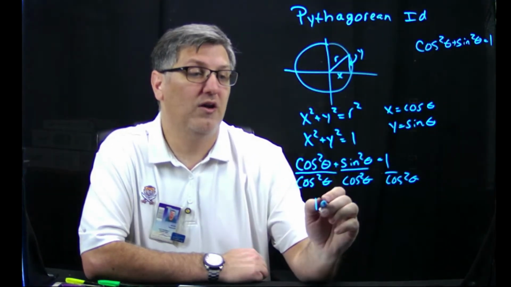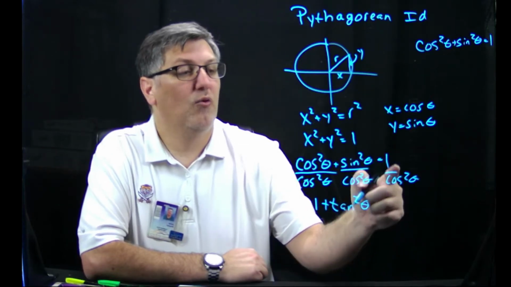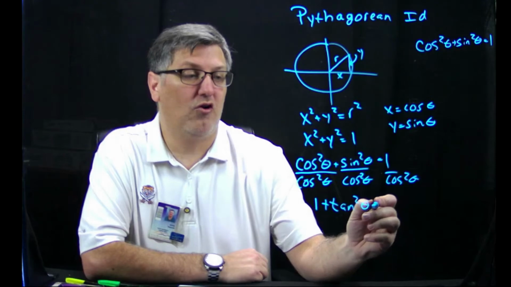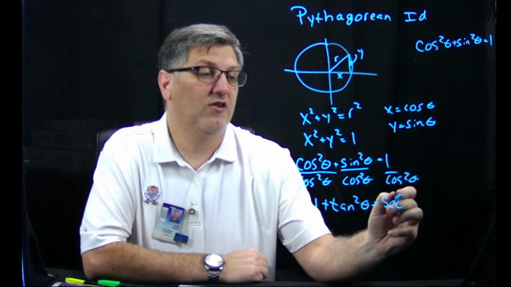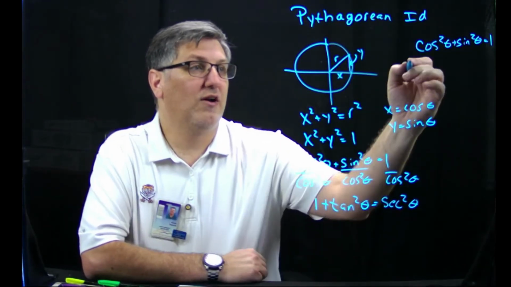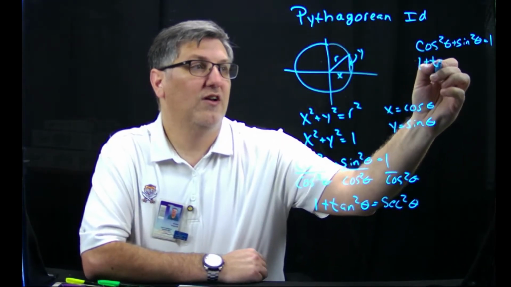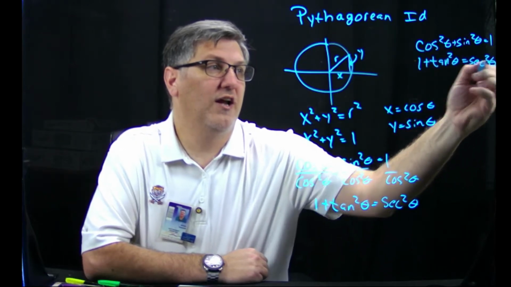These are both squared, so this becomes plus tangent squared theta. And 1 over cosine squared theta, we saw in the reciprocal identities, is secant squared theta because it's squared. Here is my second Pythagorean identity: 1 plus tangent squared theta equals secant squared theta.